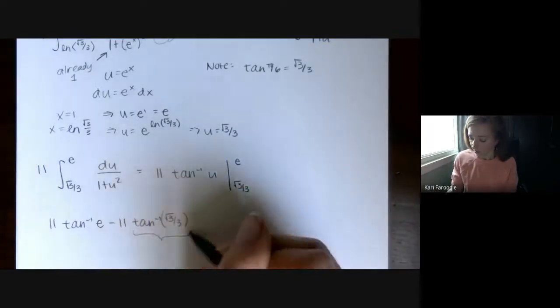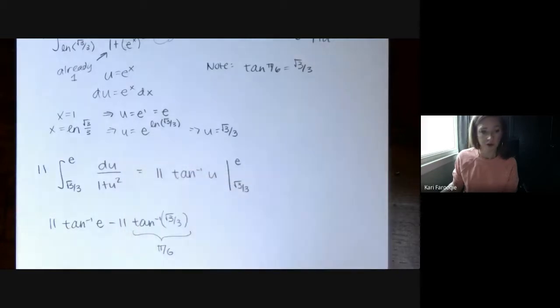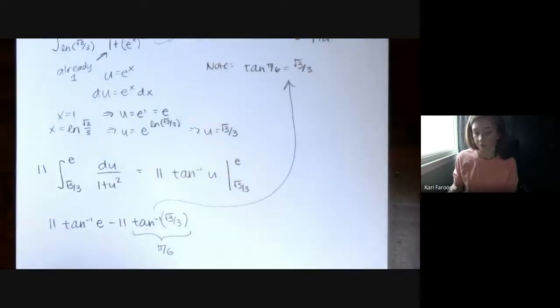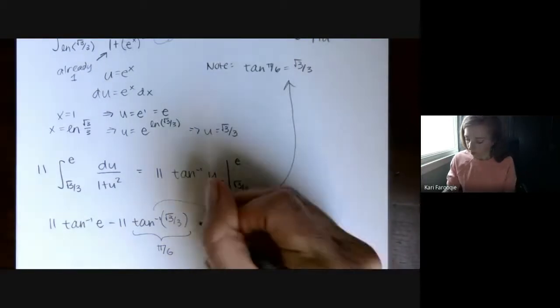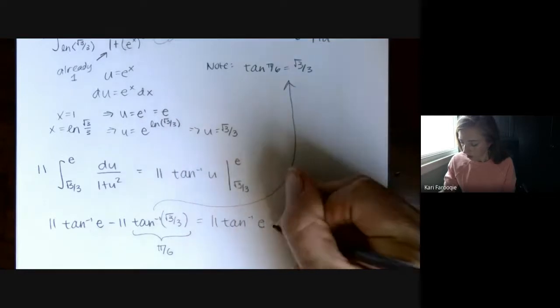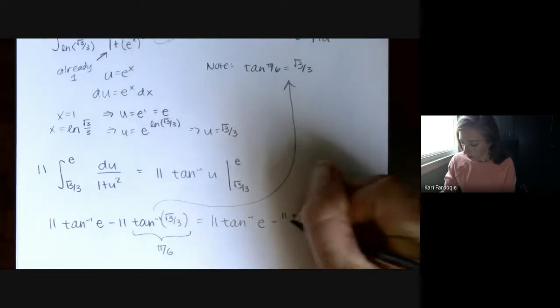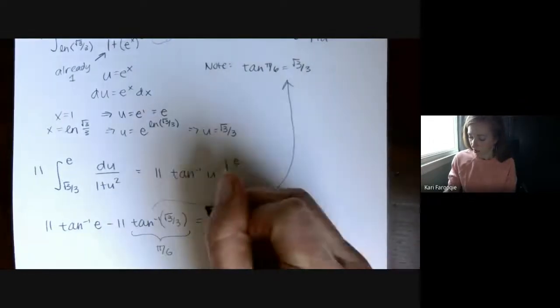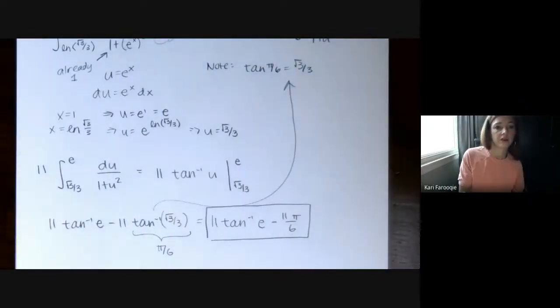So this quantity is going to be pi over 6. So we'll rewrite this as 11 inverse tangent e minus 11 pi over 6. And that is going to be the exact answer.